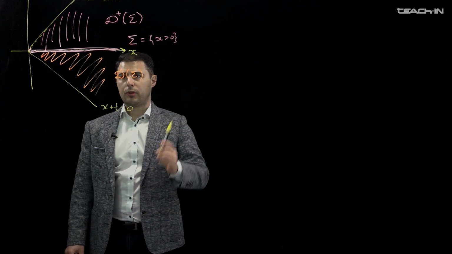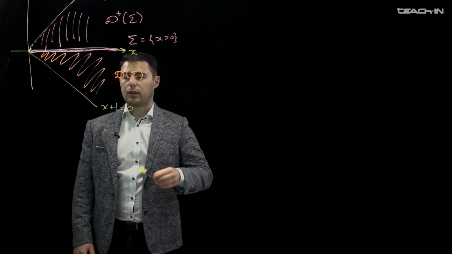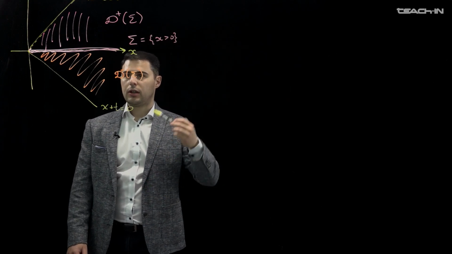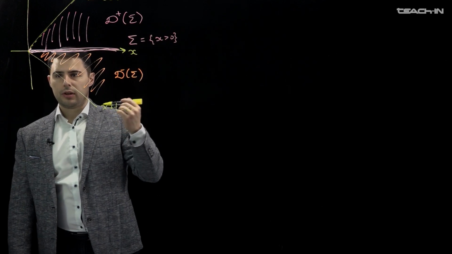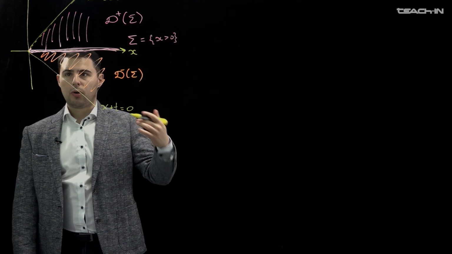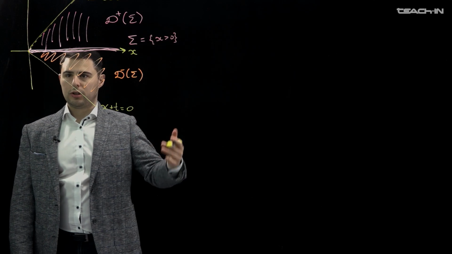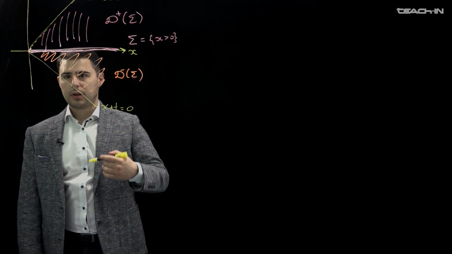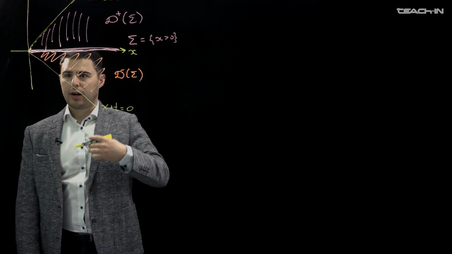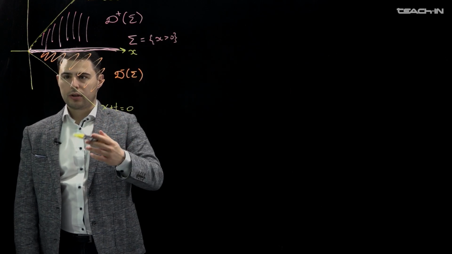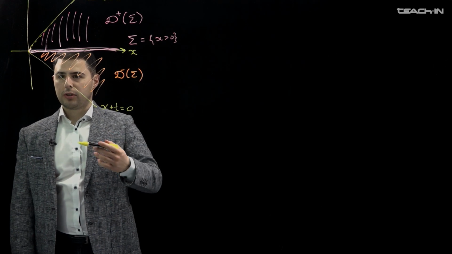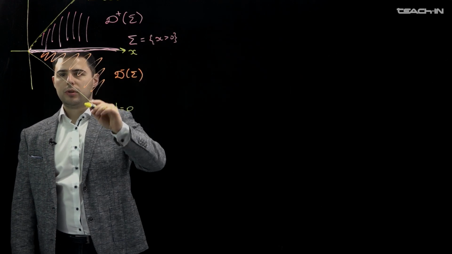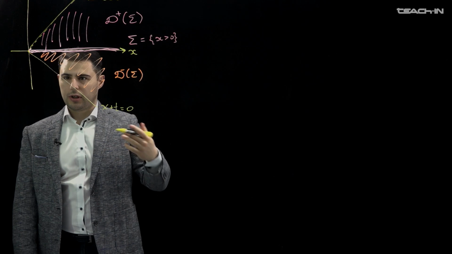Again, I want to emphasize that given only partial initial conditions, we can predict the evolution only in a part of the spacetime, in the colored part of the spacetime, while in general the behavior outside of this cone is not predicted.